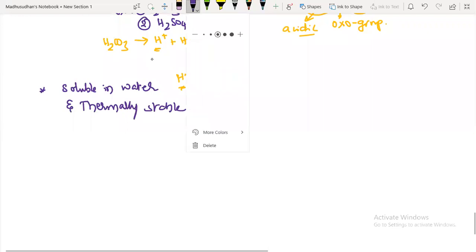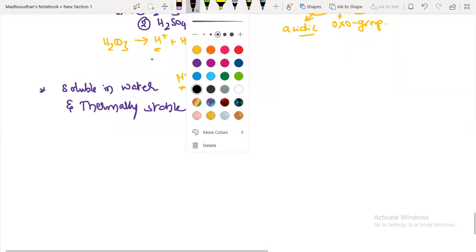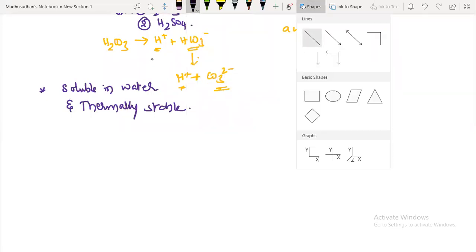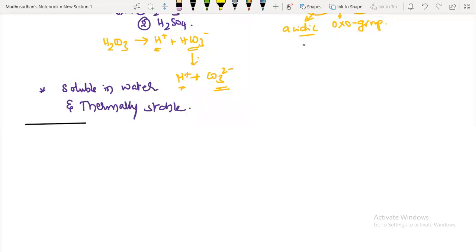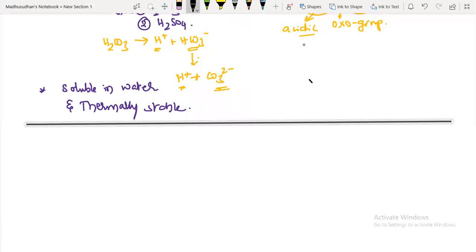Next, I'll talk about the thermal stability of carbonates. Carbonates and bicarbonates. First, I'll discuss carbonates. What is the formula of carbonates? Lithium carbonate, Li2CO3.